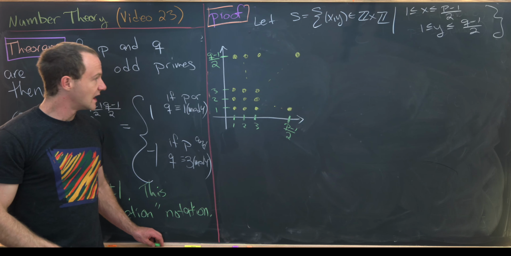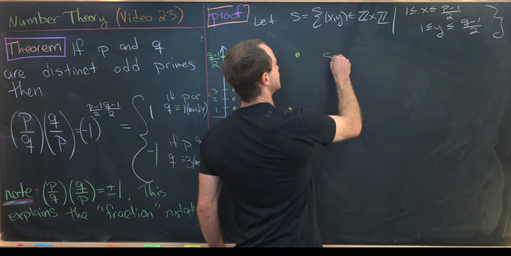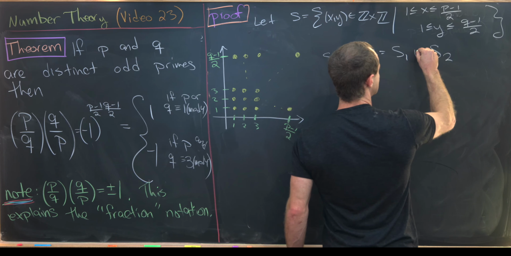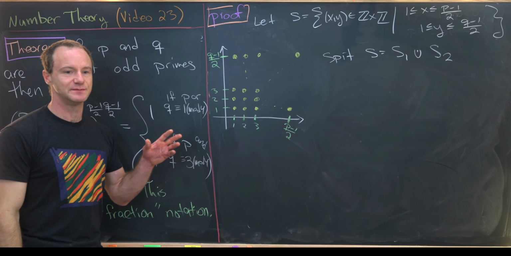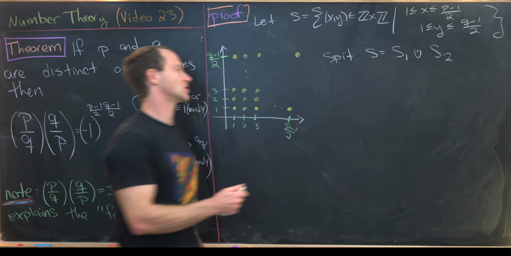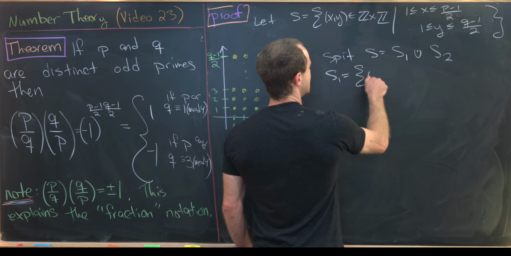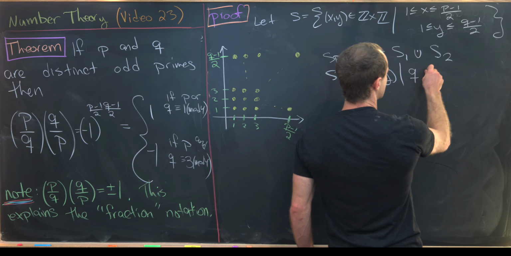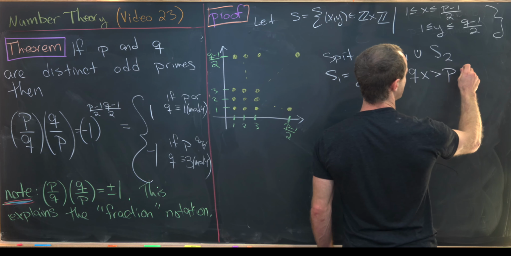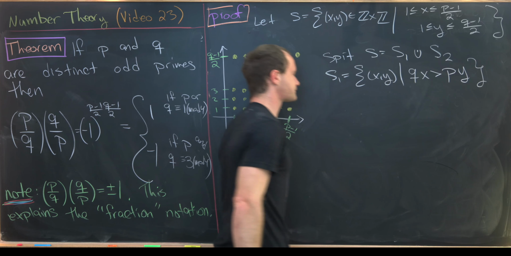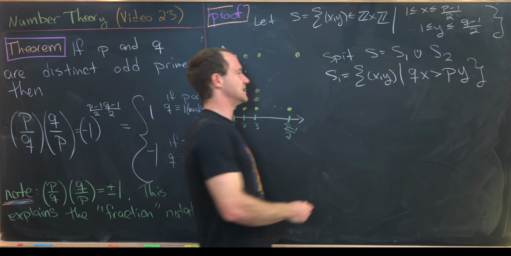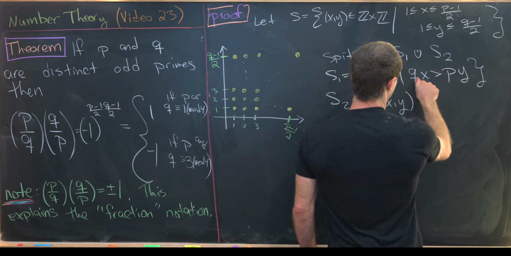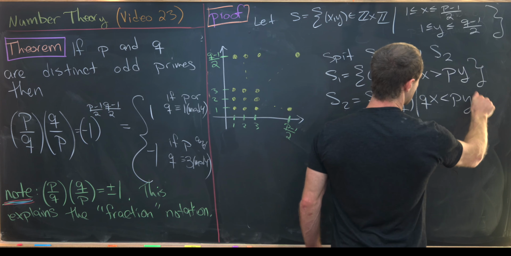Okay, great. And from here, we're going to split S into two pieces. So I'll call it S1 union S2, and I'll put a little dot there because this will in fact be a disjoint union by construction. So we'll say S1 is all points (x, y) satisfying the following inequality: q times x is bigger than p times y. And then S2 is going to be all of the other points, so S2 is equal to all of the points (x, y) where qx is less than py.